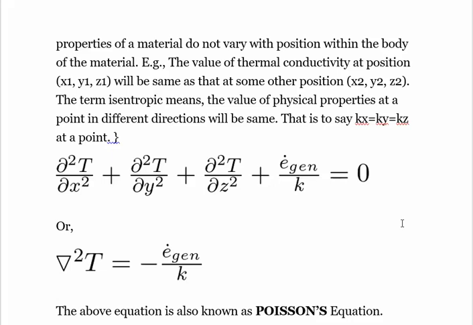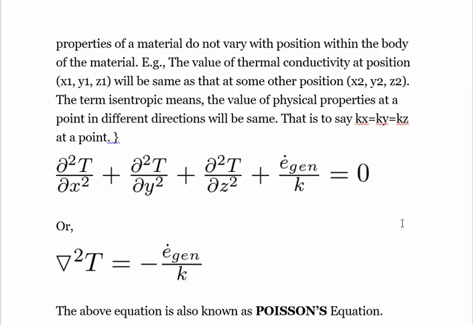This is to say that kx is equal to ky, which is also equal to kz at that point, so the value of the thermal conductivity is the same in all directions.